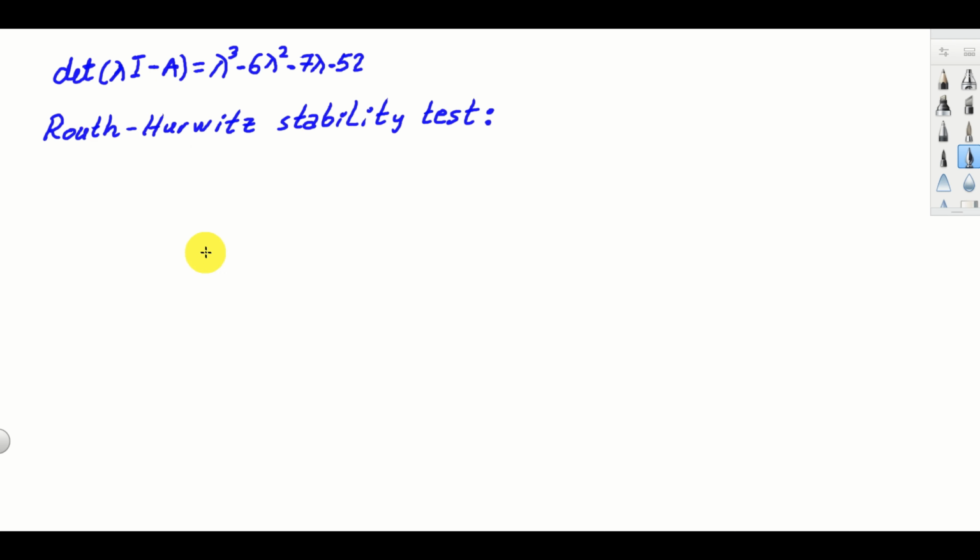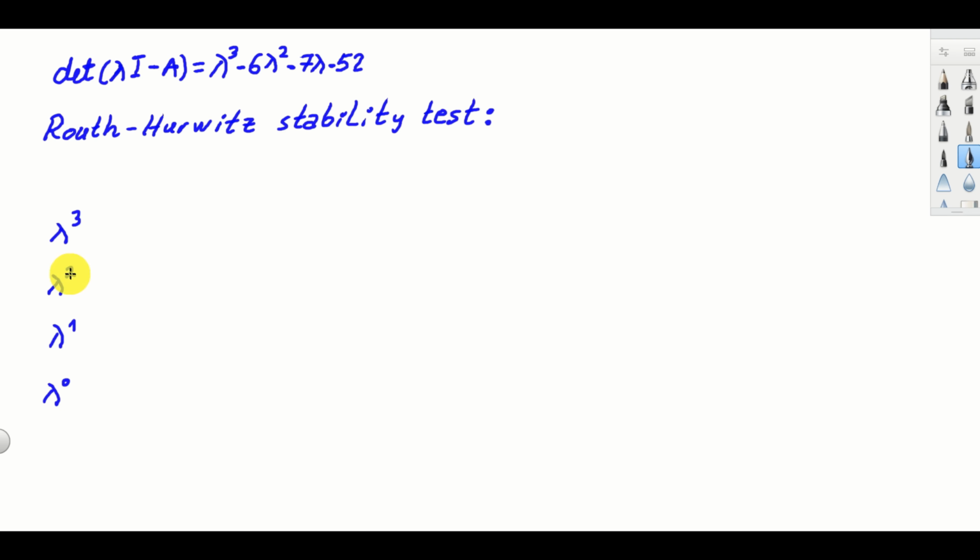The Routh-Hurwitz stability test consists of constructing the so-called Routh table. So let's do that. The Routh table is constructed by constructing the rows associated with different powers of lambda. We will have lambda to the power 3, then lambda to the power 2, then lambda to the power 1, and lambda to the power 0.